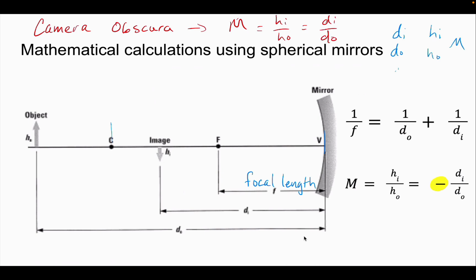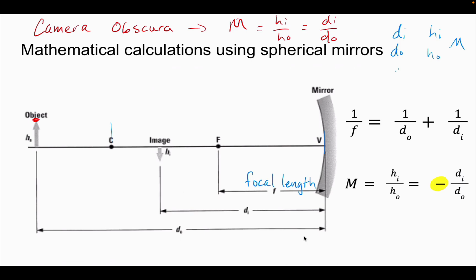No minus sign. The reason we use the minus sign here is because something is interrupting the actual light ray from its actual source point at the topmost part of the object to where it actually ends up, right? It gets reflected here. And we're going to see later that it's also going to get refracted.